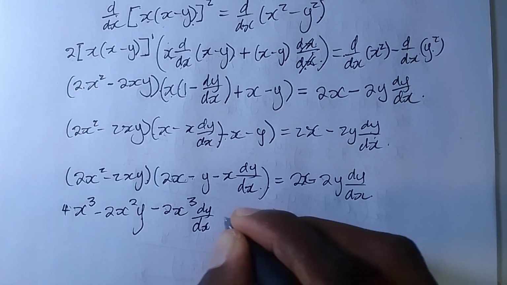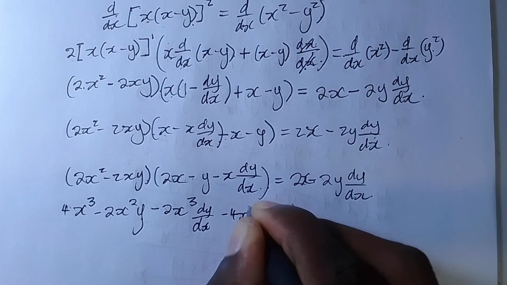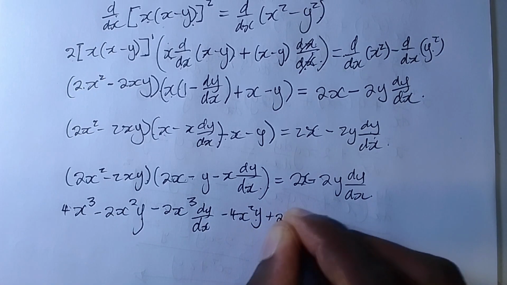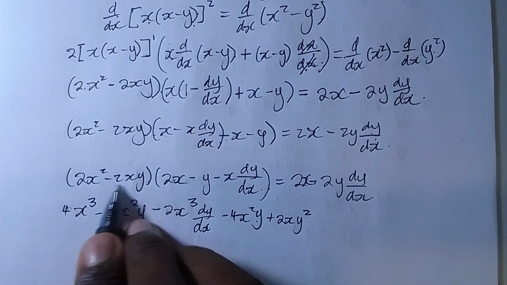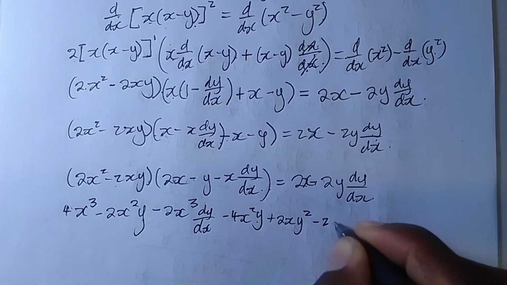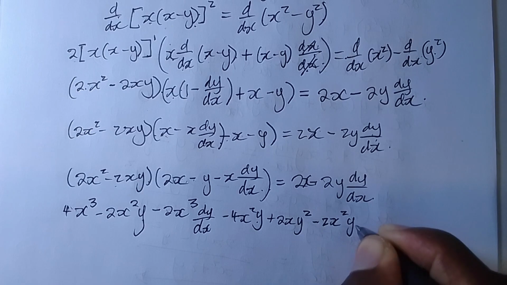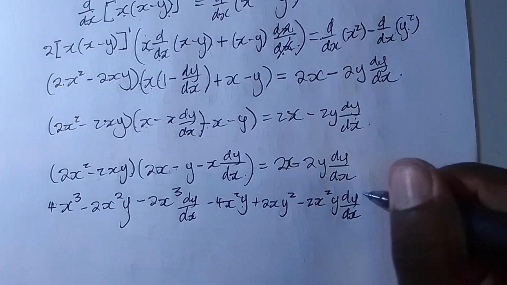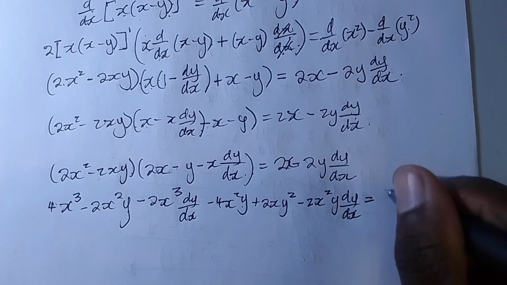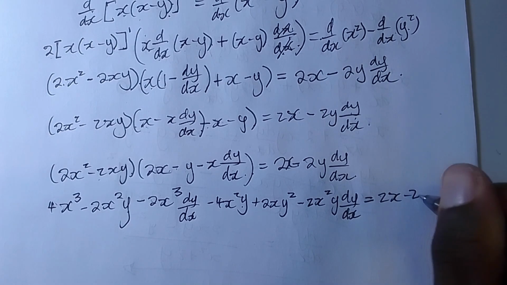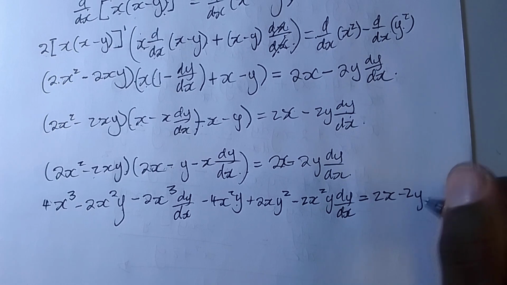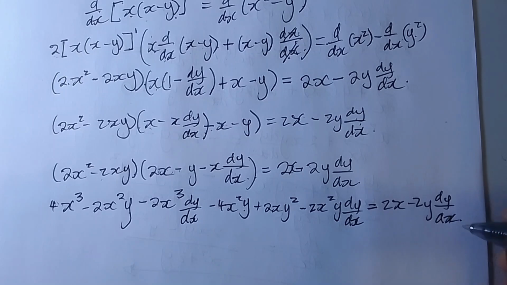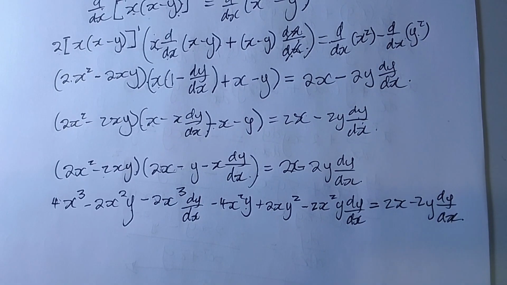Now we'll do that. Minus 4x squared y plus 2xy squared minus 2x squared y dy/dx is equal to 2x minus 2y dy/dx. Okay, that was a long journey.